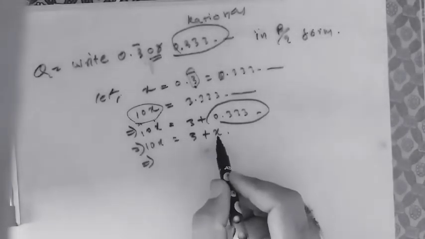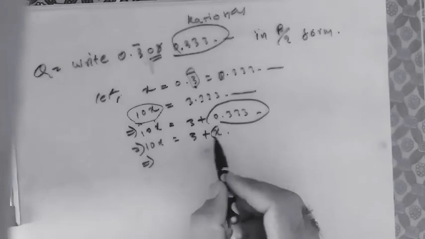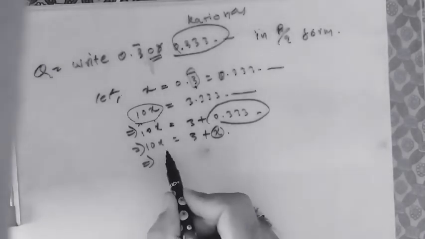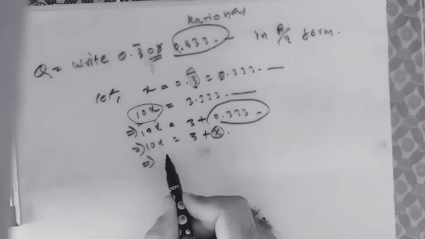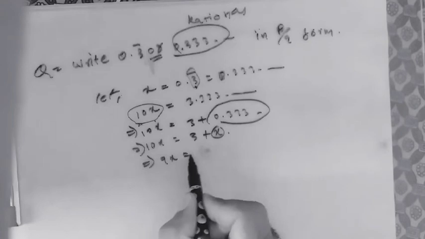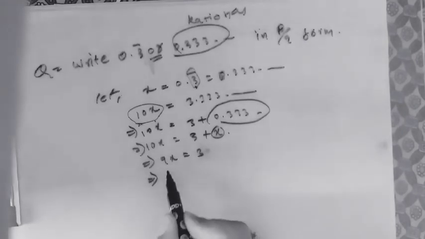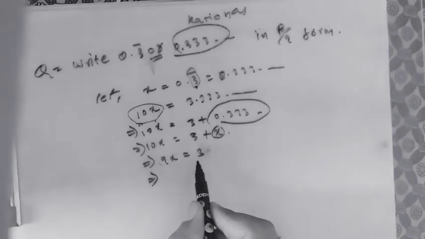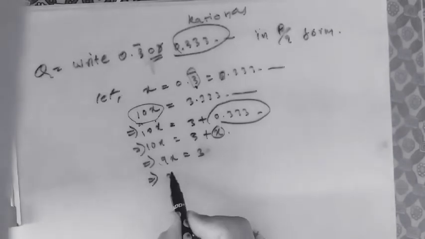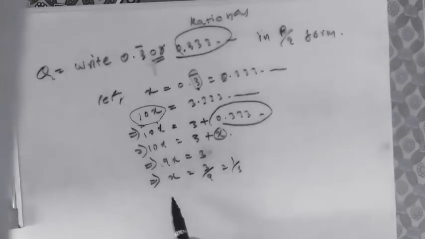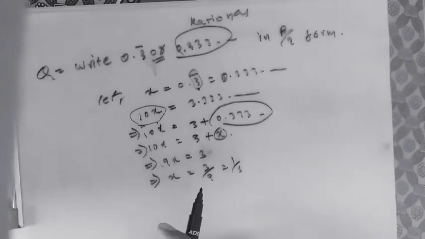Now if this x goes to the left hand side, it will have a minus sign, so 10x minus x is 9x is equal to 3. If this 9 goes to the right hand side, it will divide 3, so we get x is equal to 3 by 9, or we can say 1 by 3.